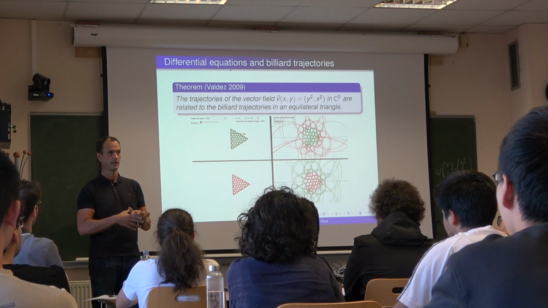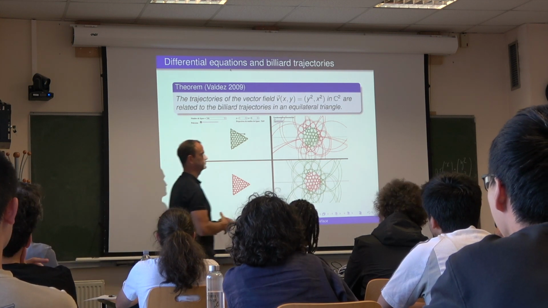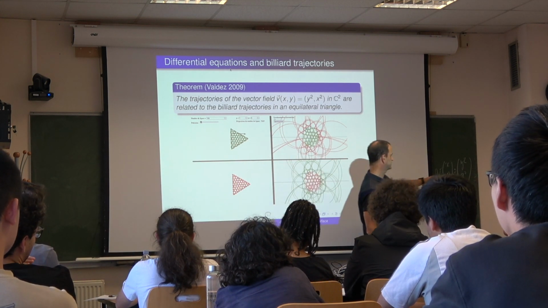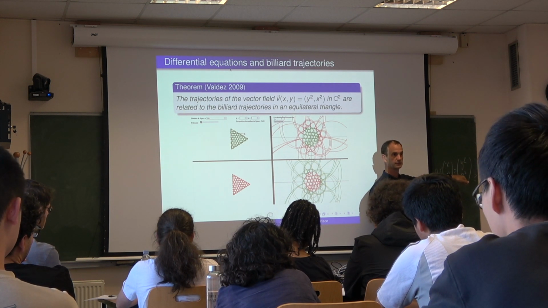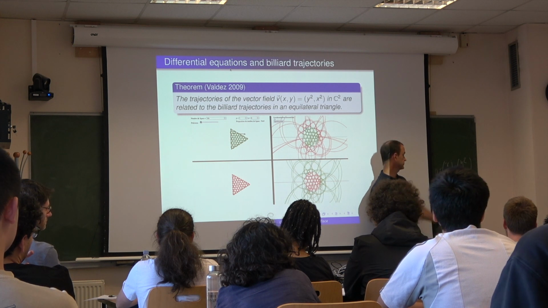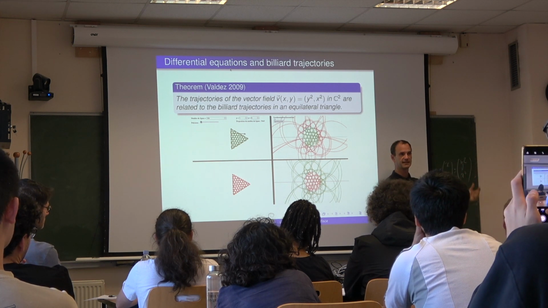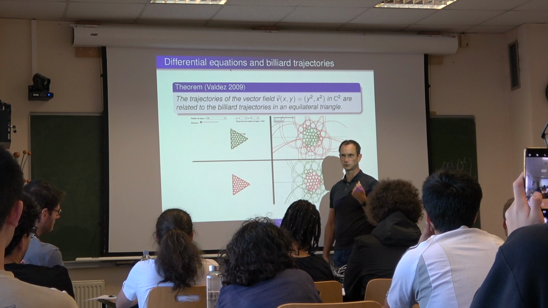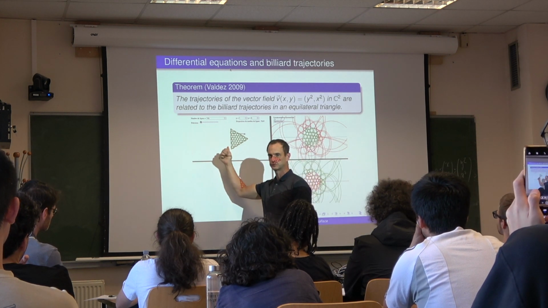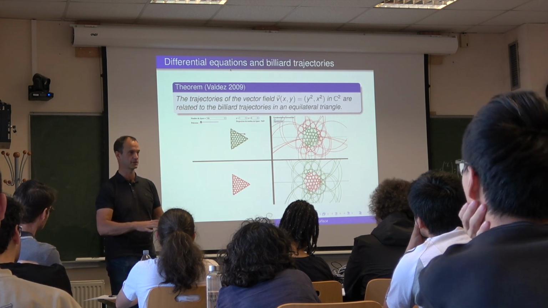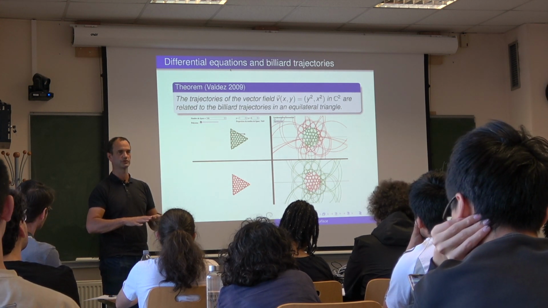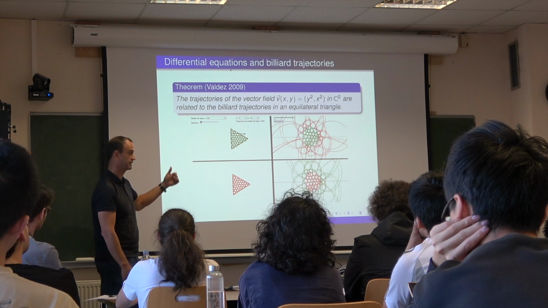The reason why we are working with the triangular billiard is because we chose this quadratic part as being y squared, x squared. But then the question is, okay, if I choose something else, and I chose on purpose y squared, x squared because I knew that it would correspond to the equilateral triangle, that I should be able to understand a priori very well.